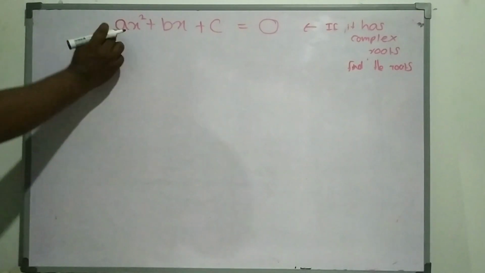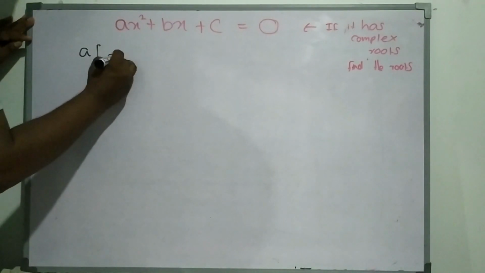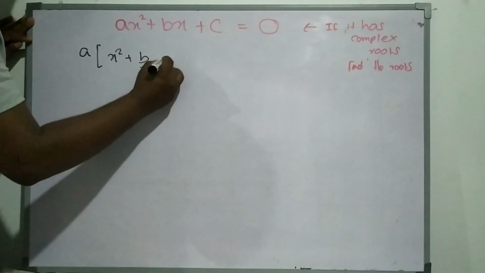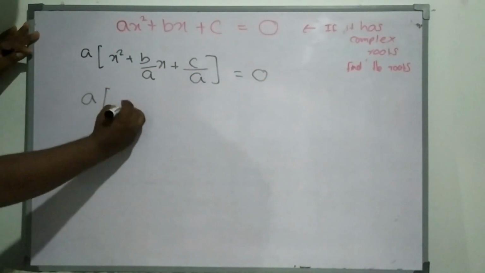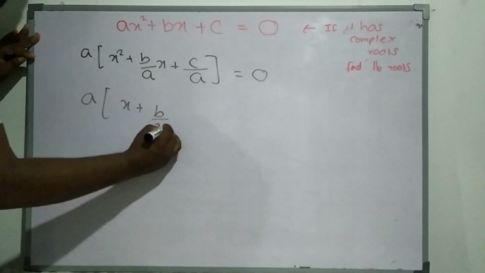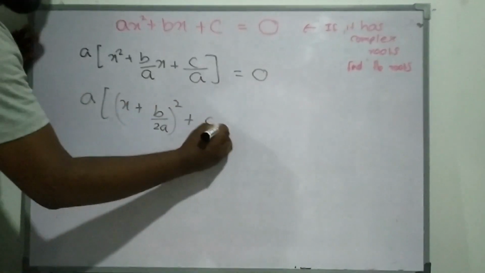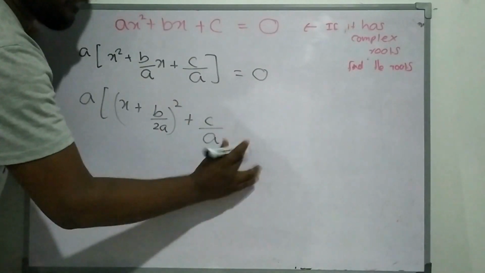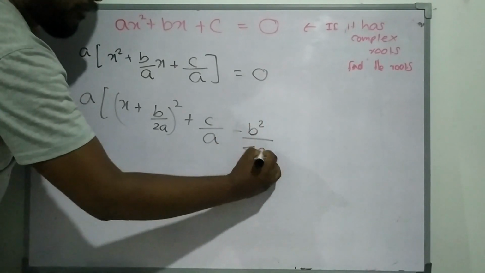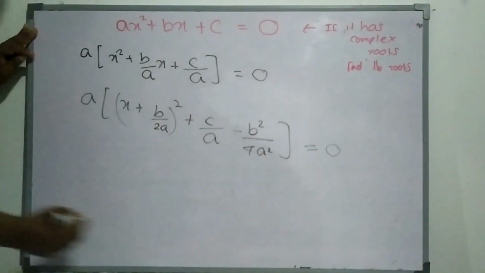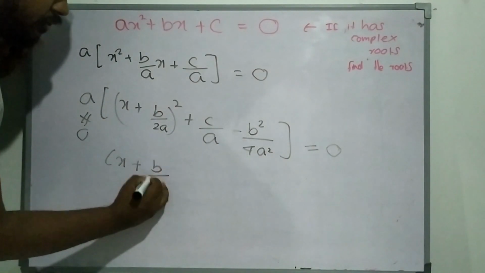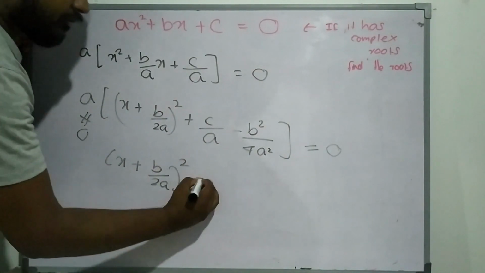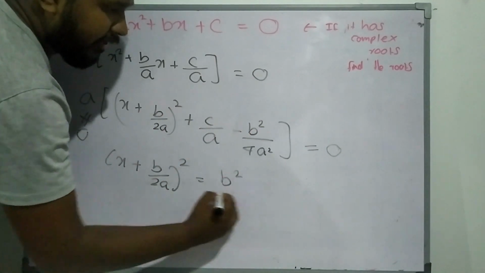I'm going to take a out: x squared plus b over a x, and I'm going to complete the square: c over a plus minus b squared over 4a squared equals 0. Then (x plus b over 2a) squared equals b squared.